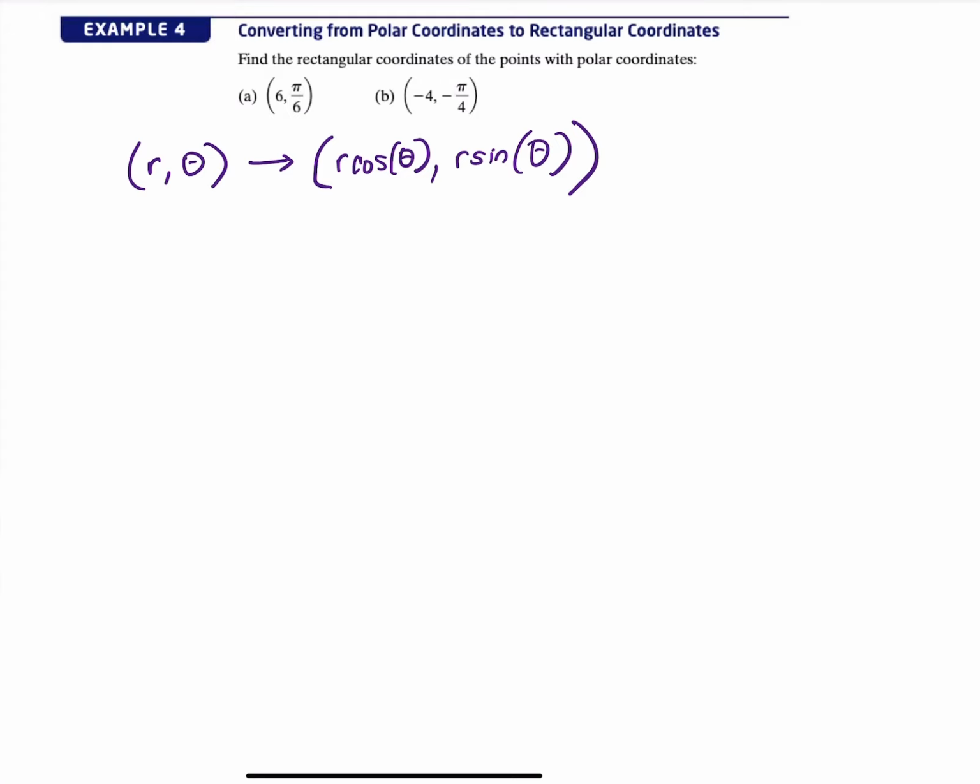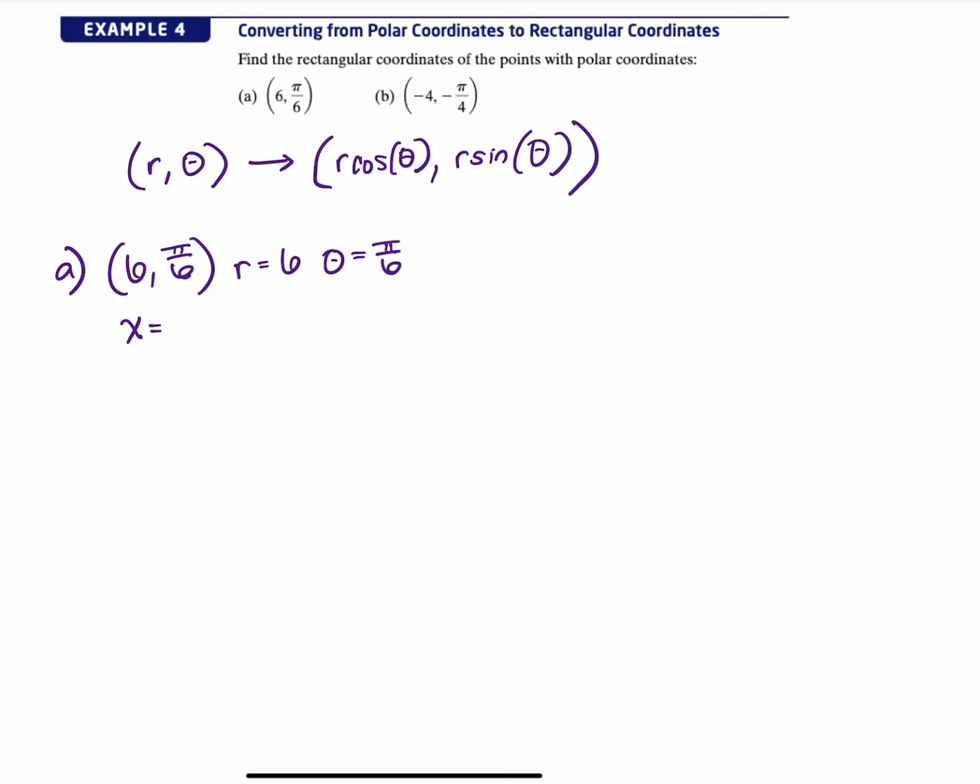So we start with our point (6, pi over 6). So r is equal to 6 and theta equals pi over 6. So let's find our x coordinate.